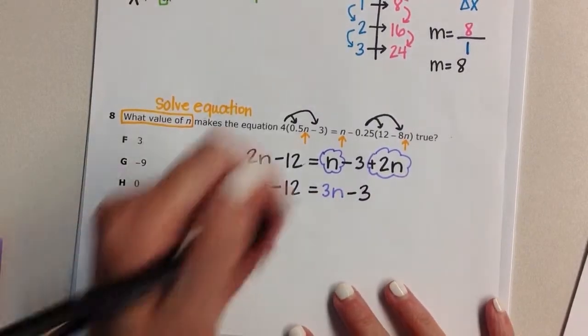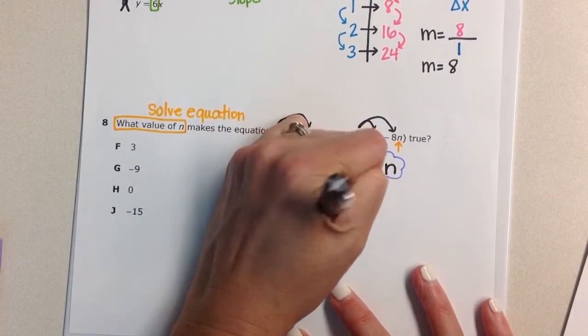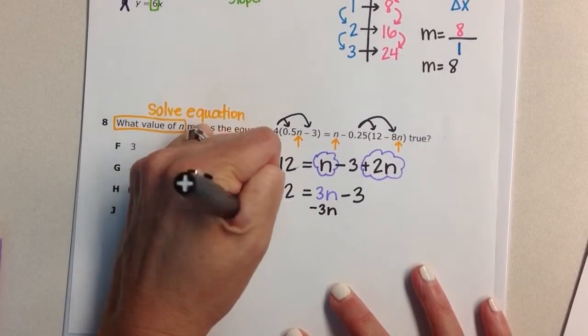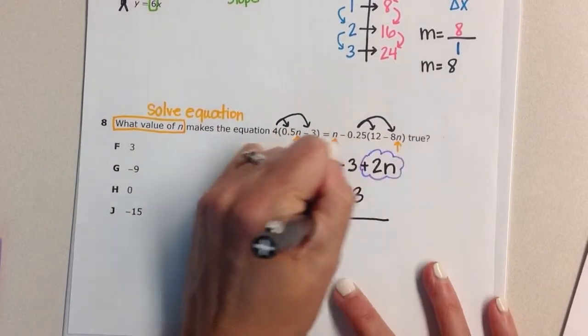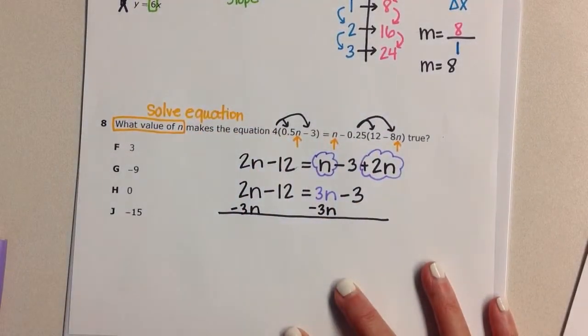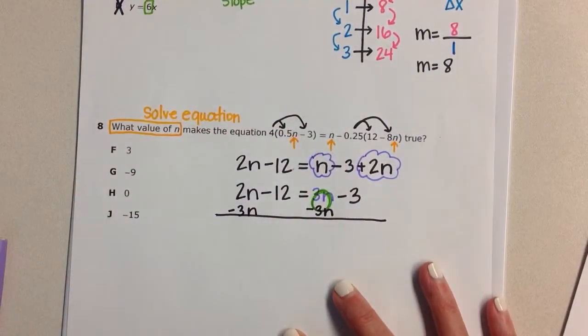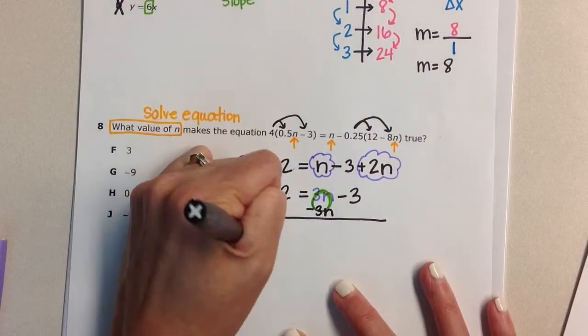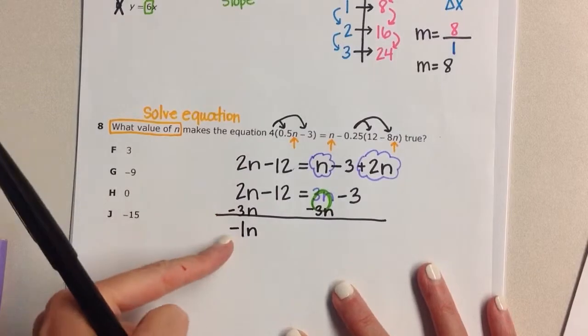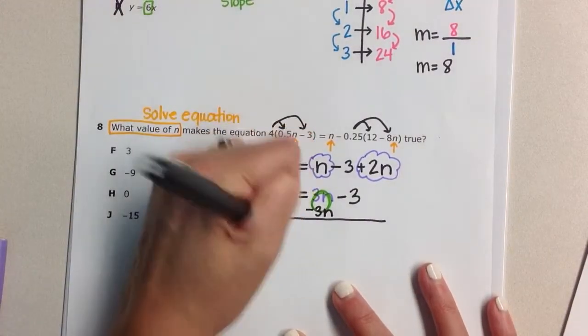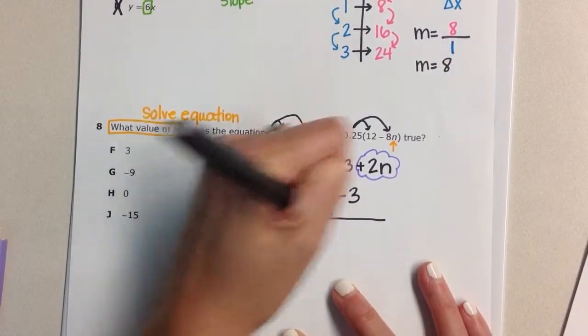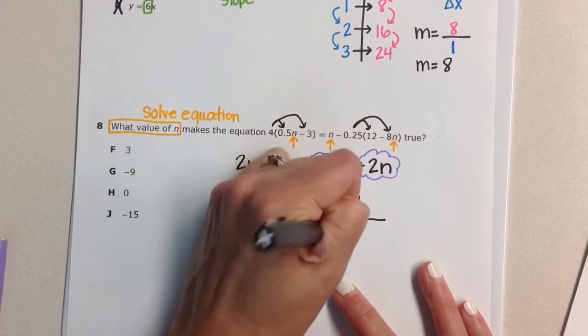So now I'm going to start moving my terms to one side, and I'm going to move the 3n over by subtracting it. And that's going to make 0n. So I'm going to have -1n because 2 minus 3 is -1. I'm going to bring down the -12 equals, and I'm going to bring down the -3.